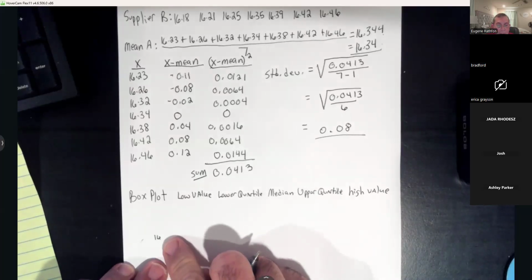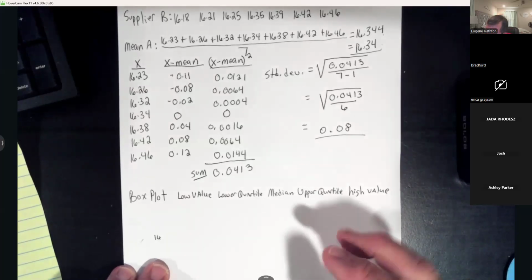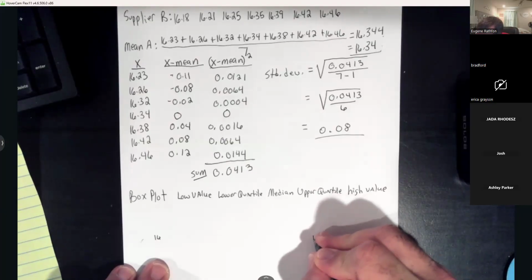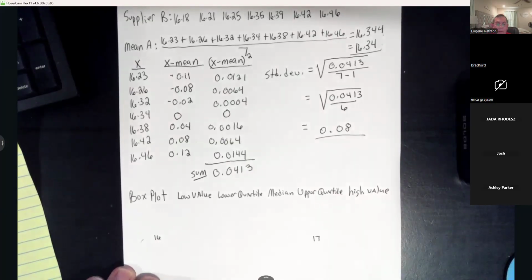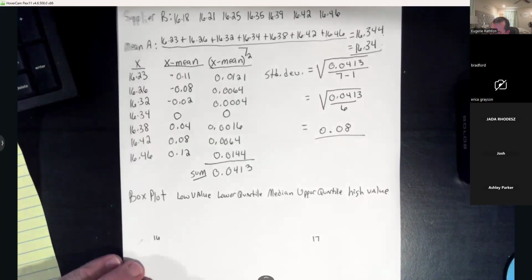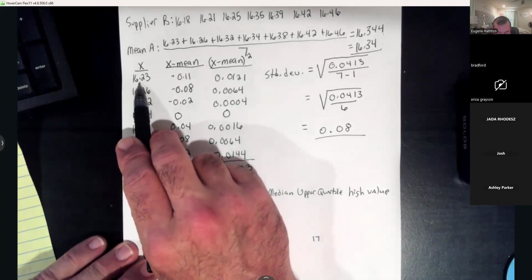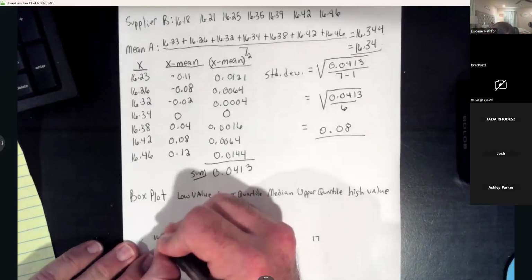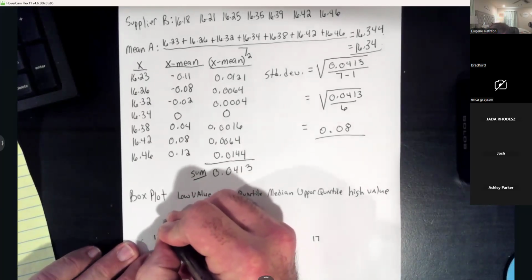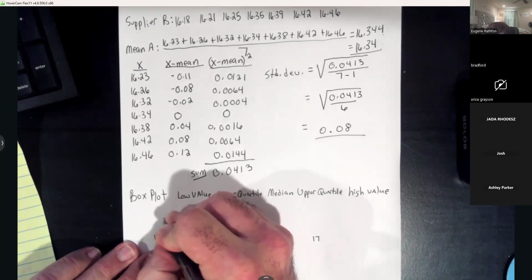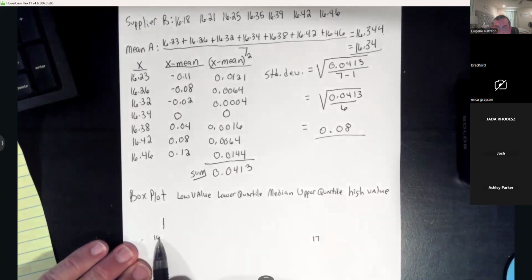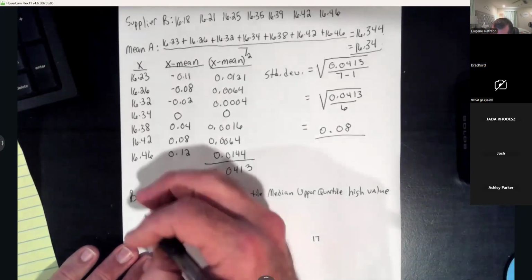So 16 will be around here. And then we'll put 17 over here. Okay? So notice my lowest value was 16.23. So this left mark here is going to be at about what you think 16.23 is.